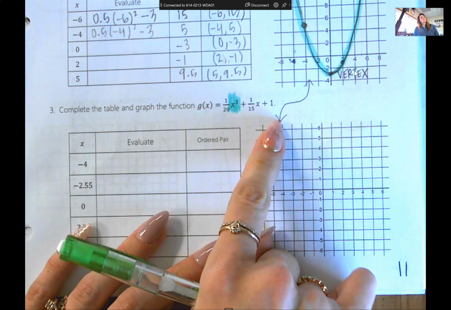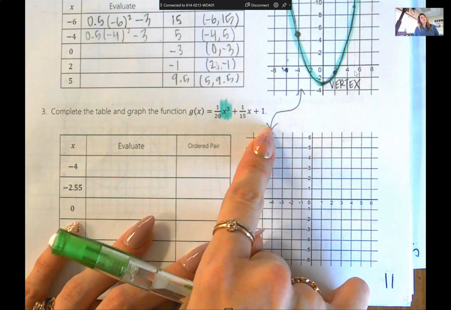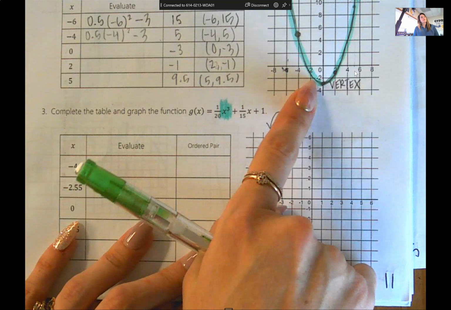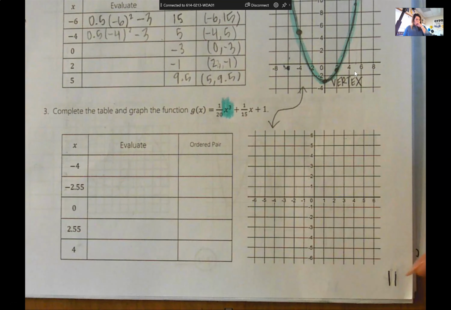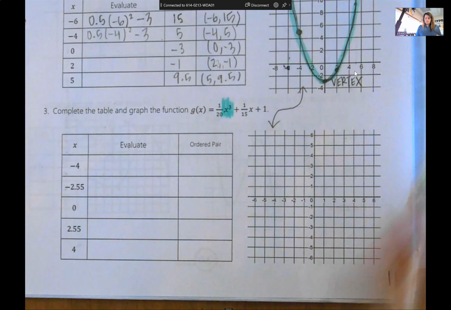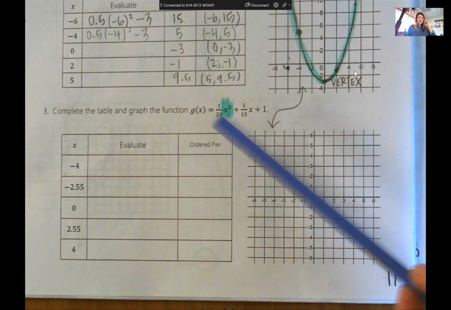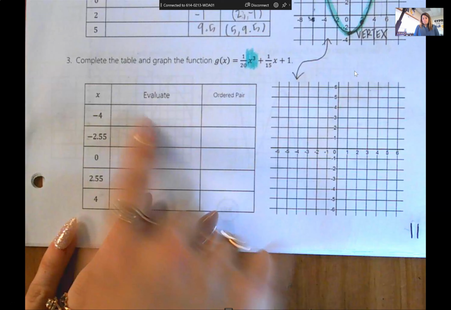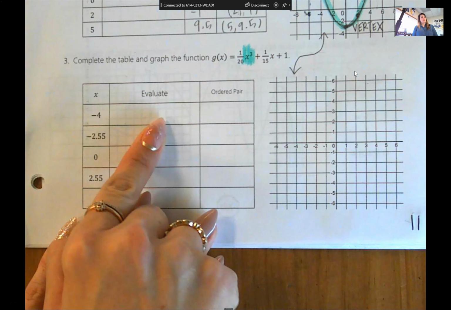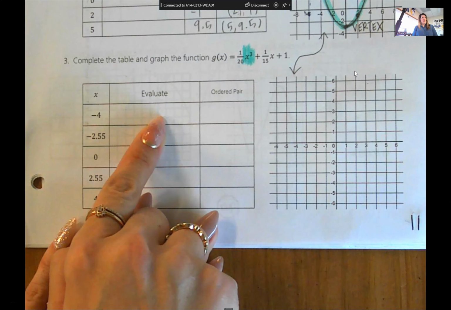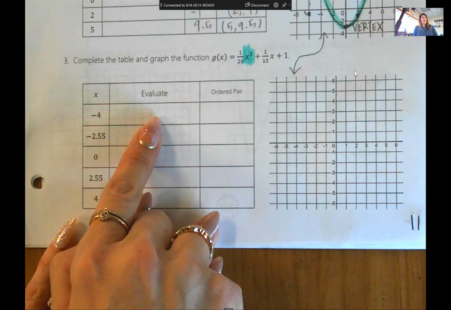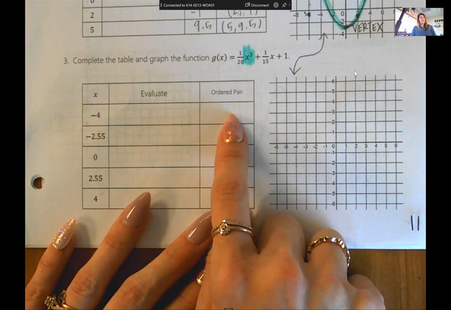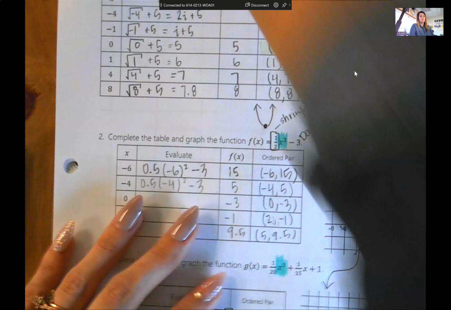He's going to start pointing down and then move to pointing up. To evaluate this function, there's a space here for you to do it, but I would not be writing that down. I would just plug it into Desmos and write your ordered pair.